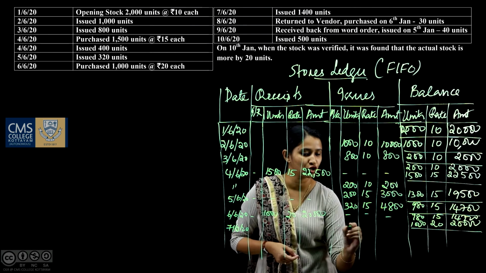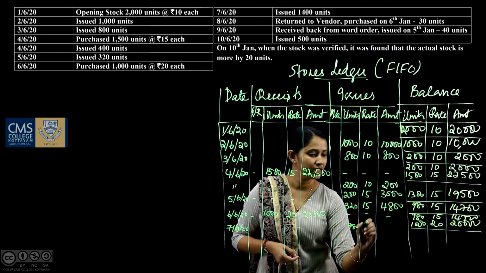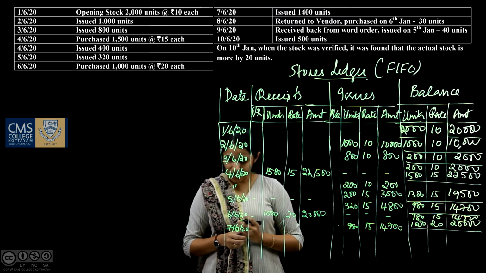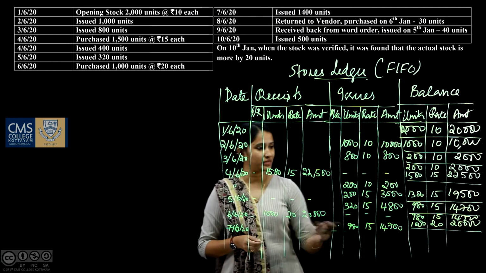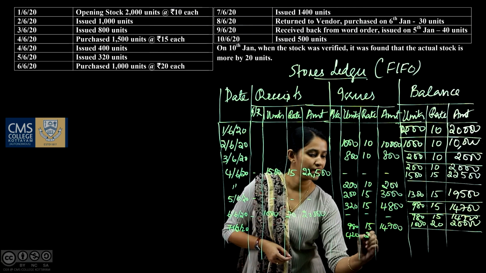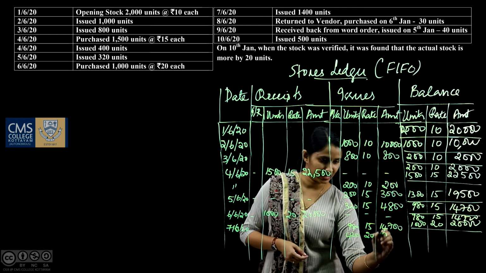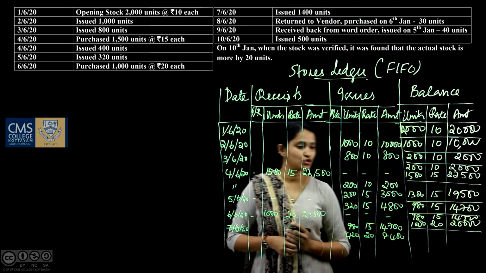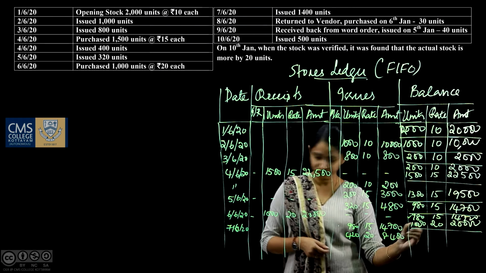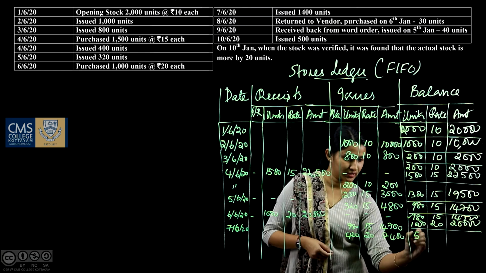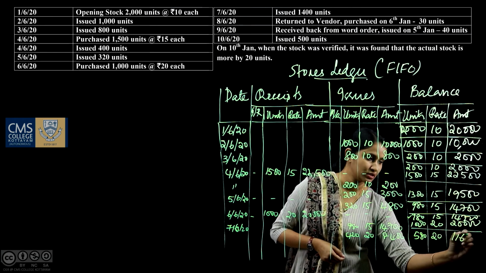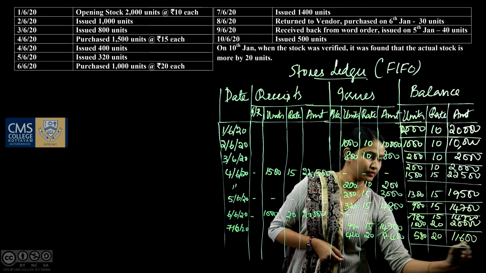So we will use the first lot completely, 980 at 15 worth 14,700, and the remaining 420 units will be taken from the second lot, 420 at 20 worth 8,400. So we have completely exhausted the first lot. What is remaining is 580 units at rupees 20 and the value is 11,600.